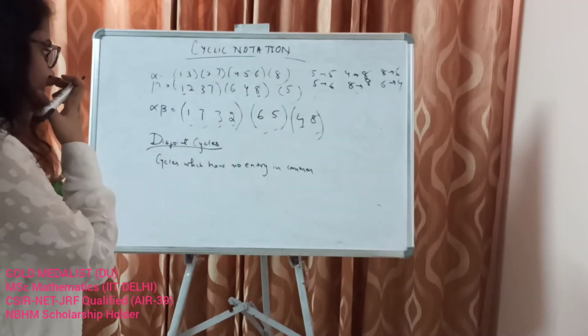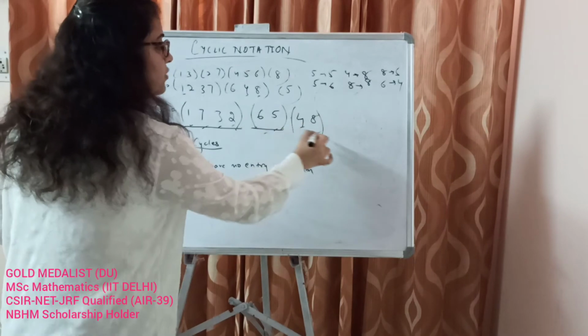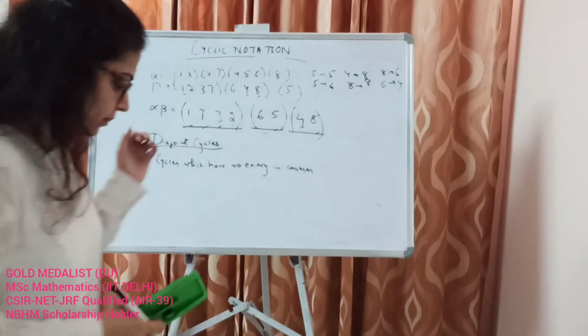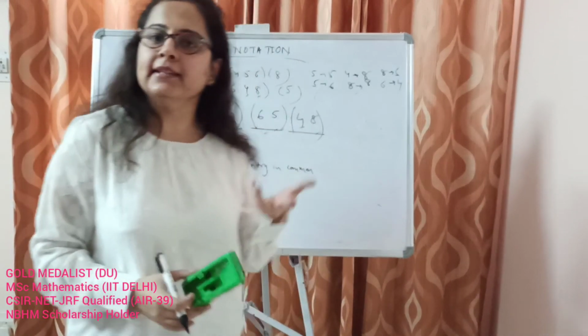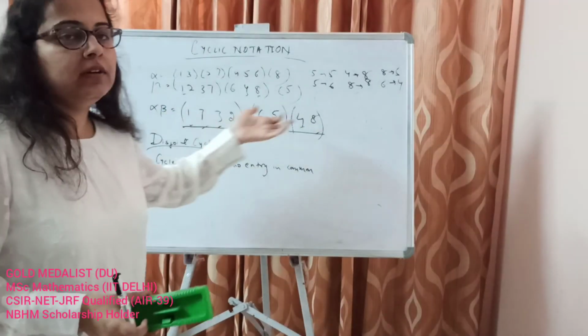Alright. So this is the disjoint cycle form. What is the disjoint cycle form? When a permutation can be written as a multiplication of cycles which have no entries in common, that is called the disjoint cycle form.